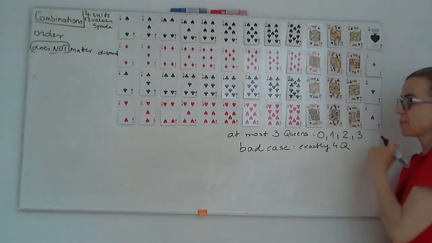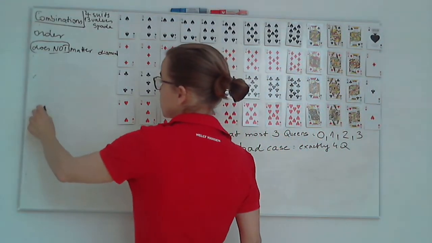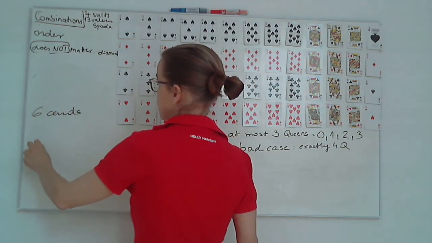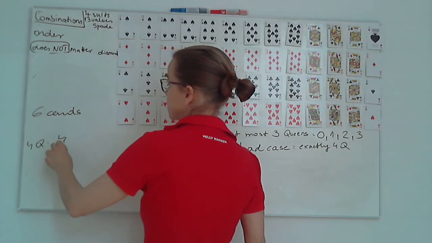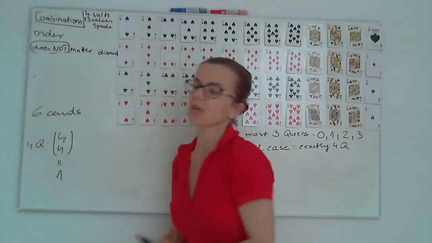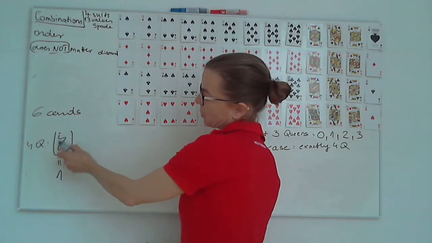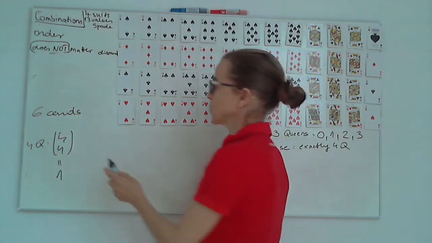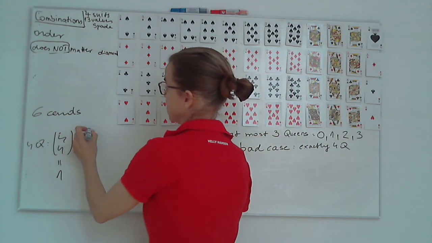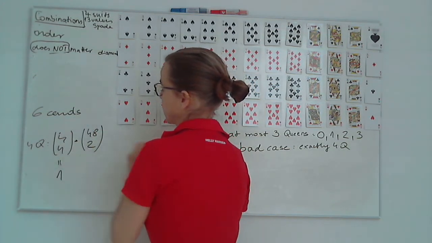So now that we established that, it's quite easy to finish the exercise because you want to have 6 cards, and out of these 6 cards, the bad cases are when you have 4 queens, and that can happen only so-called 4 choose 4 ways, which is 1. There's only one way you can choose from 4 cards. If you write it up, it's 4 factorial divided by 4 factorial, which is 1. And then the remaining cards come from the other non-queen 48 cards, and you have to choose 2 more.